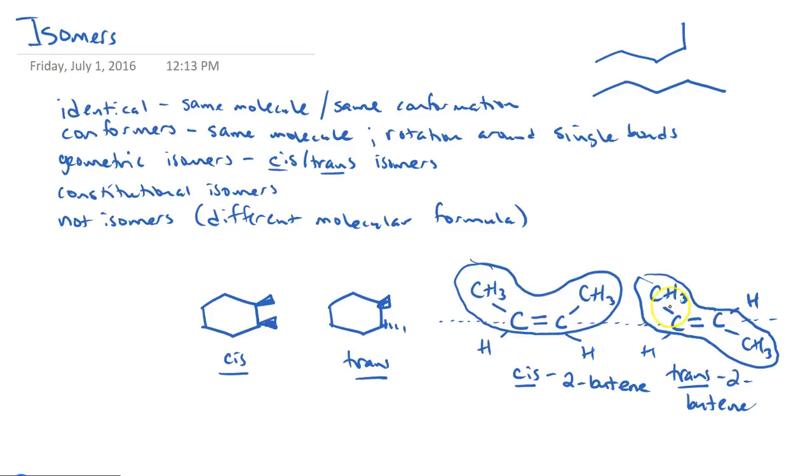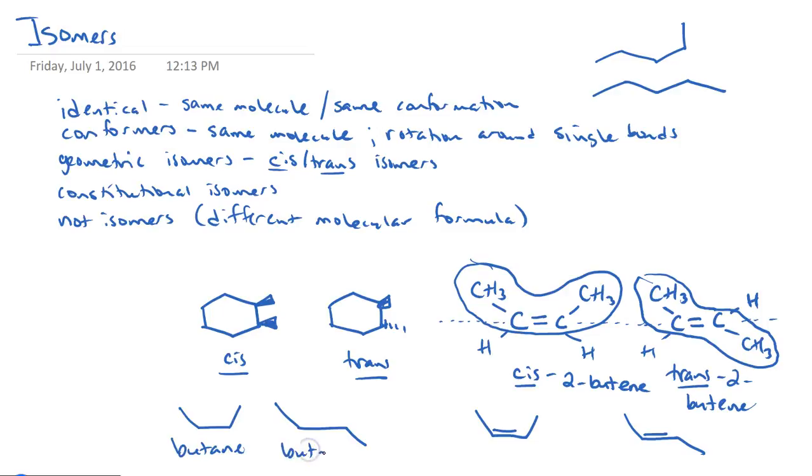If I drew these in stick structures, they would look simpler, just like this and like this. But it's important to know that when you put the double bond there, you can't simply rotate around it. And so if I have this and this, let's draw that one again. We saw this also. This is butane.